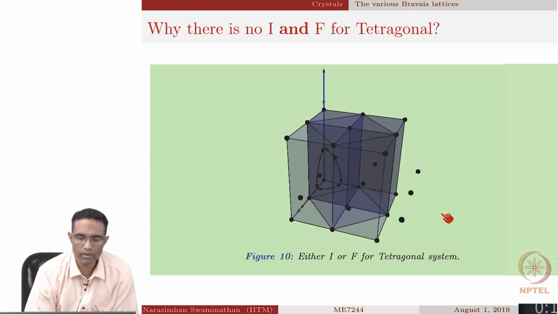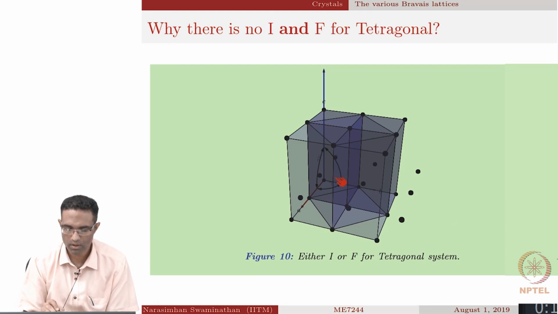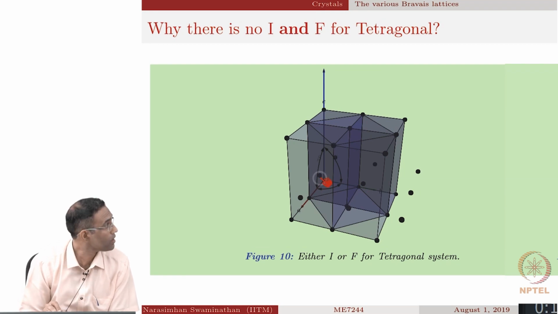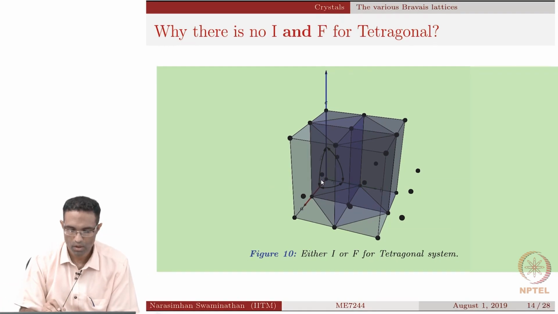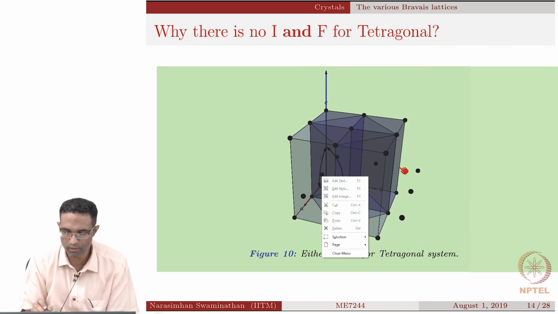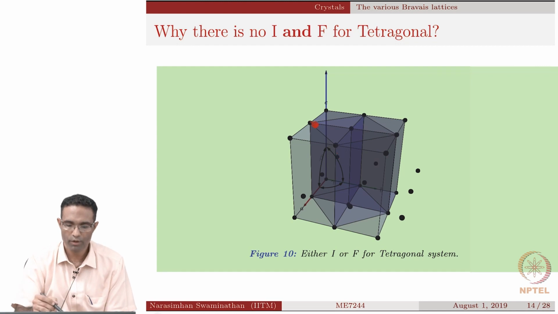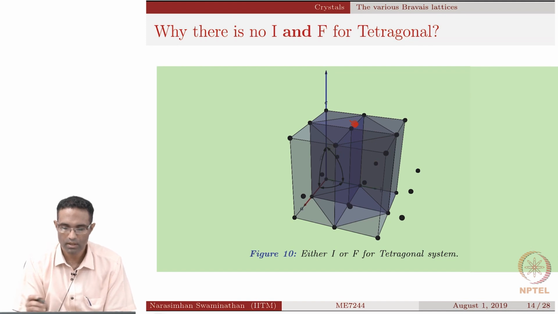So the answer for that is, if you take a look at this particular figure here, it shows you the tetragonal lattice, okay, and you have one body centered atom here, and similarly for the next one, you have one right here, here, and here. These are the body centers. However, if you re-look at it carefully, you will once again be generating only a tetragonal face.